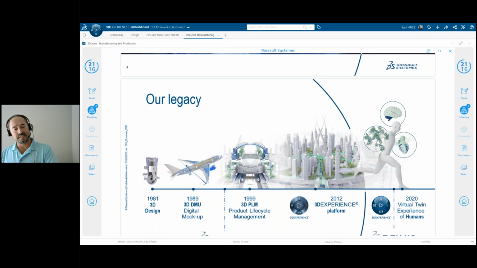And in 1997, we acquired SolidWorks, and for the first time, we made 3D solid modeling affordable for every engineer's desktop. In 2012, the 3D Experience platform came to life. And more recently, in 2018, we acquired DELMIAworks to manage the business of manufacturing.